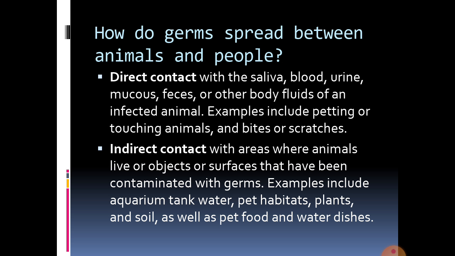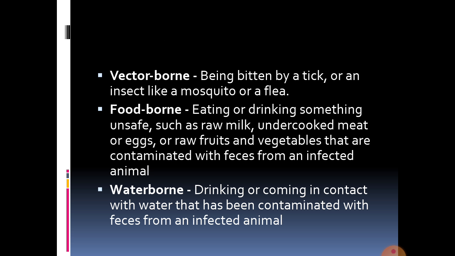It can be spread through indirect contact with areas where animals live or objects or surfaces that have been contaminated with germs. Examples include aquarium tank water, pet habitats, plants and soil, as well as pet food and water dishes. It can also spread as vector borne, which is being bitten by a tick or an insect like a mosquito or a flea.